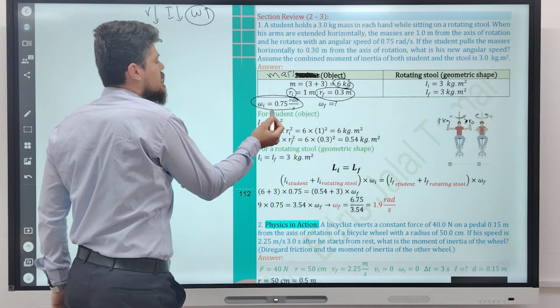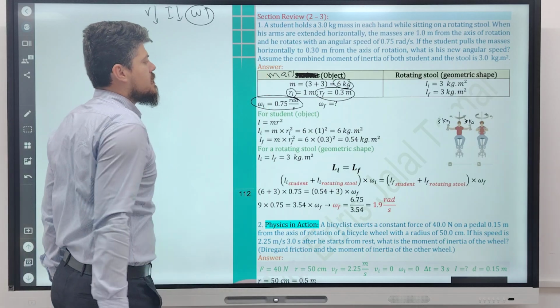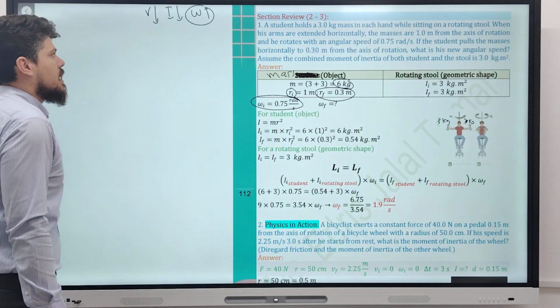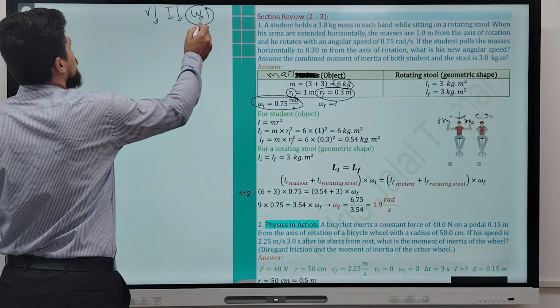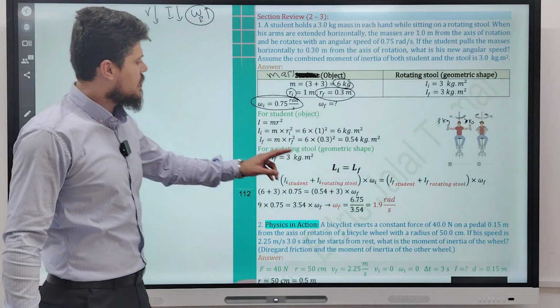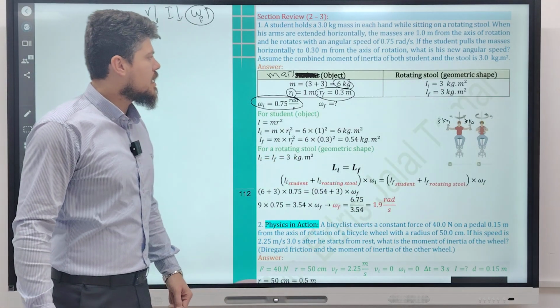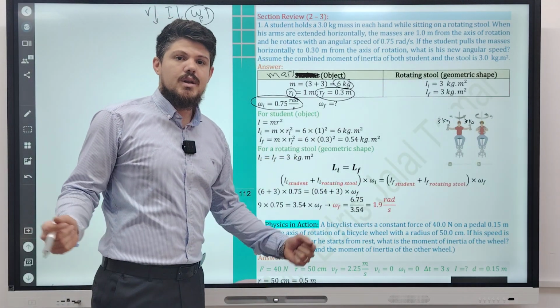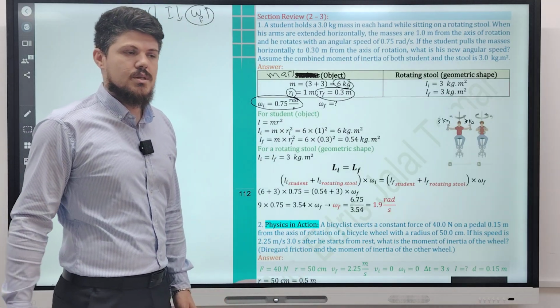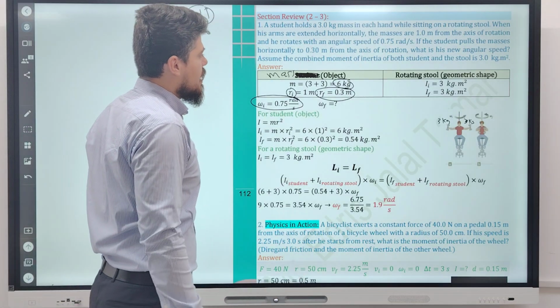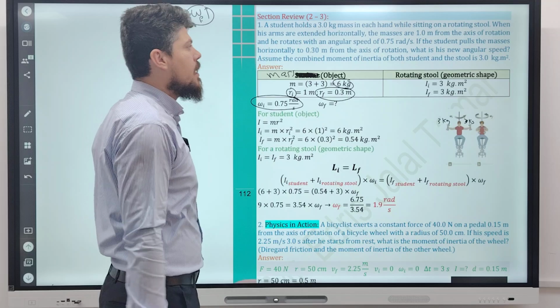The initial angular speed of the mass is 0.75 radian per second, but its final angular speed must be bigger than this number. Look, 1.9 radian per second. Why? Because the radius decreased and moment of inertia also decreased, but its angular speed increased, so the angular momentum is conserved.